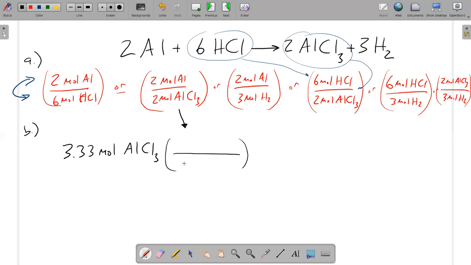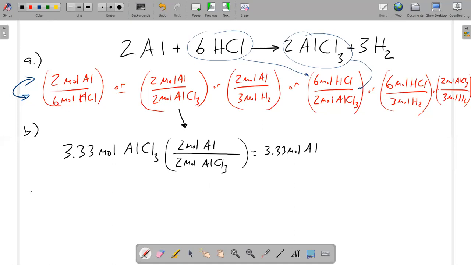The moles of aluminum chloride go in the denominator, and in the equation, there are 2 aluminum chlorides, and you need 2 moles of aluminum for that. So because the ratio of aluminum to aluminum chloride is 2 to 2, that's the same as 1 to 1. To make any amount of aluminum chloride, you need the same quantity of aluminums. So that's just 3.33 moles of aluminum.